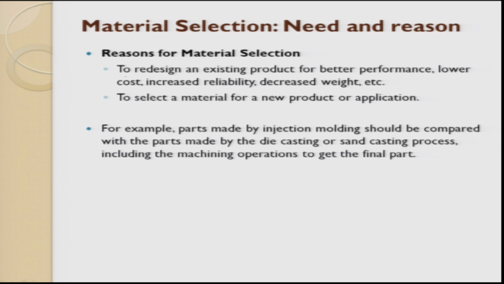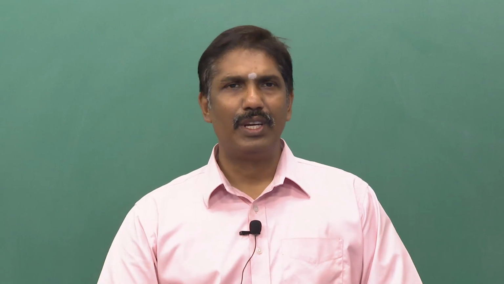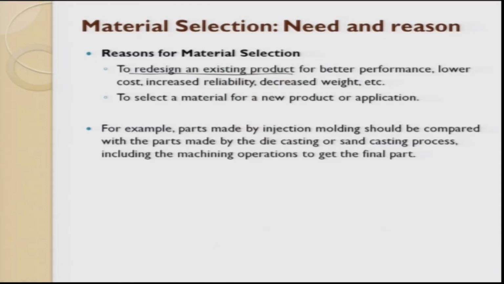So today what is happening, the designer is told to please give a small window such that we can try to redesign or redefine the product such that it can be made to meet a set of customers. So to redesign an existing product for better performance, lower costs, increased reliability and decreased weight, etc. are some of the reasons which push for material selection.